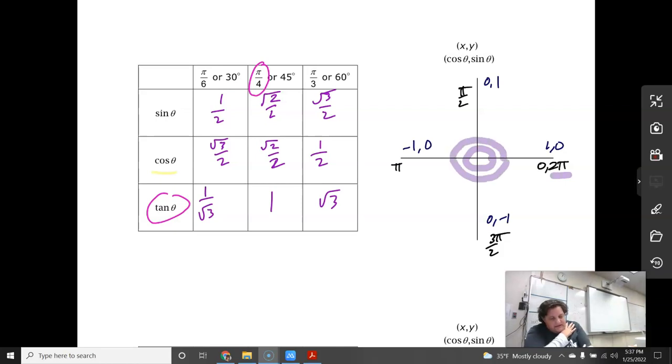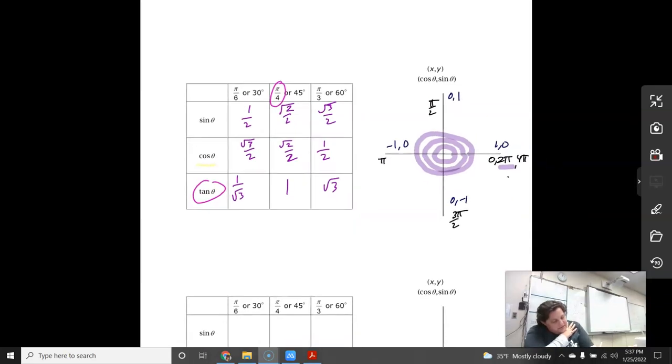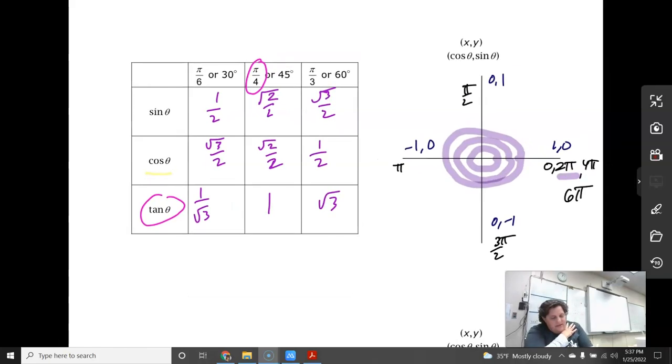If I go around a second time, that's 4 pi. If I go around a third time, that's 6 pi. And if I only go around half a time, that's 1 pi, 2 pi, then 3 pi, 4 pi, 5 pi, 6 pi. So that's how that works. It was asking me to find the cosine of 4 pi, which is this angle right here. Cosine is the x-coordinate. So the cosine of 4 pi is 1.